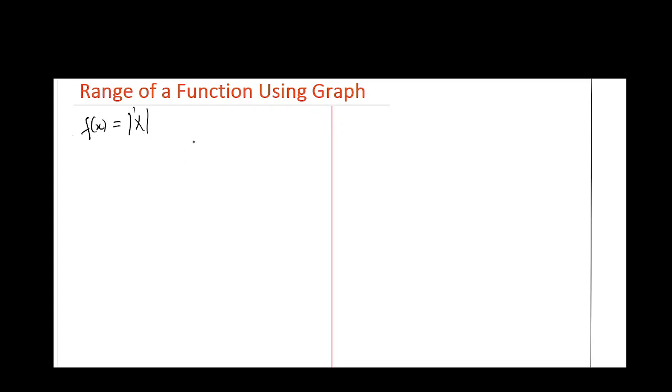We have our axis, our x-axis, and our y-axis. Absolute value function has this V-shaped curve.